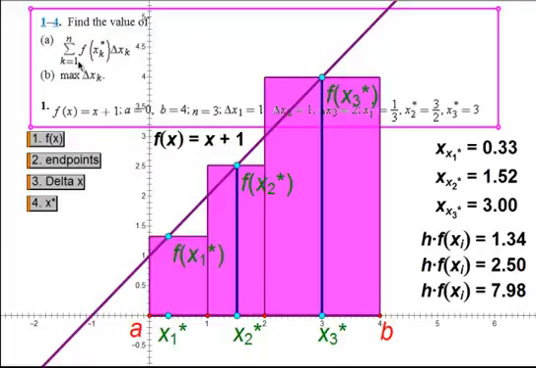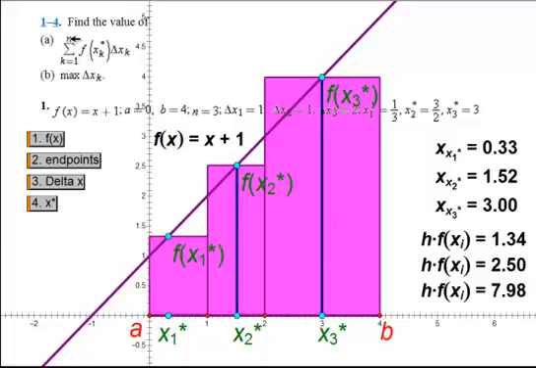We're going from 1 to 3 because n is 3. So when k is 1, then we're talking about this interval here, and delta x1 is 1, that means the width, and f of x1 star is at 1/3.